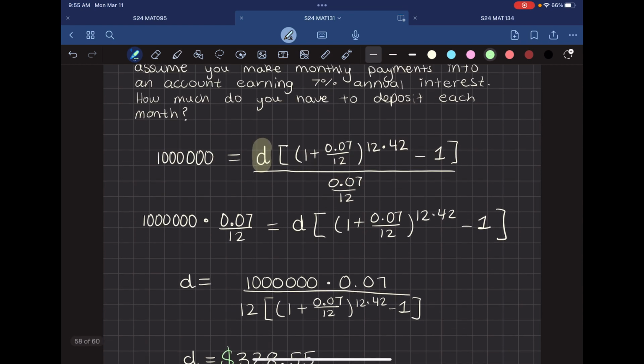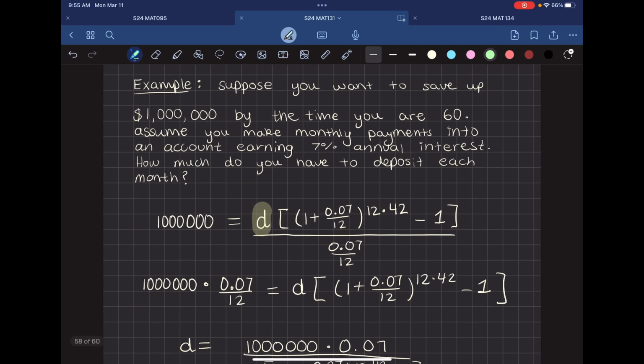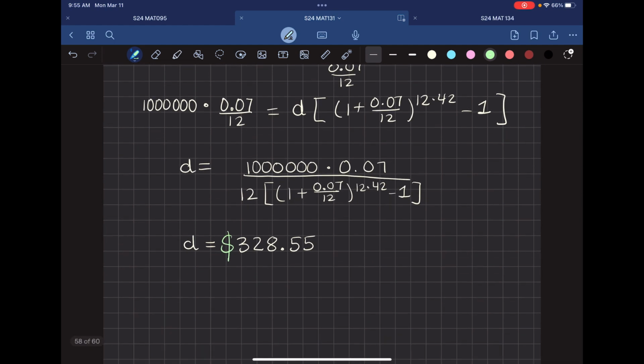And just FYI, the reason that I chose 7% annual interest is because that's actually the average growth of the stock market. So if you invest in the stock market in a smart way, don't just invest anywhere, you should look up about investing. But if you're investing this much each month, you'll be able to get that $1 million by the time you're 60.